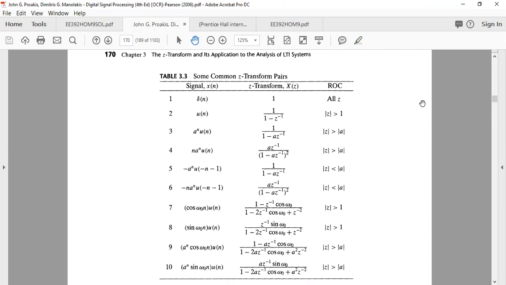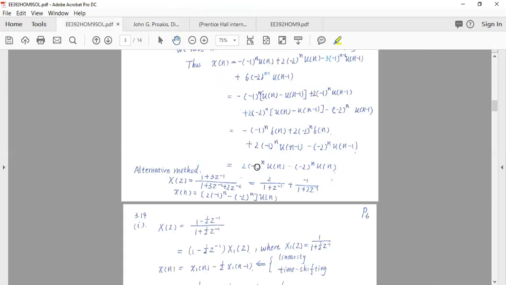If the region of convergence is inside a circle, it is anti-causal. So we'll be using these properties, all for z greater than magnitude of a.